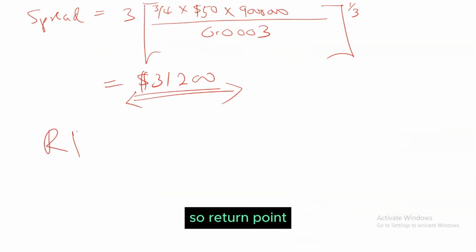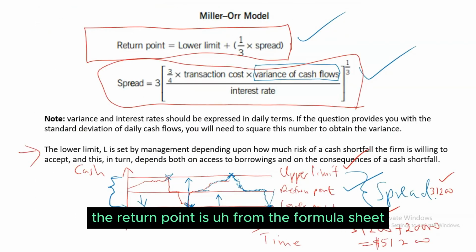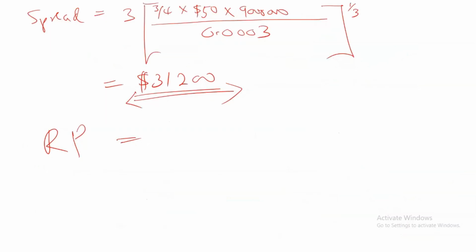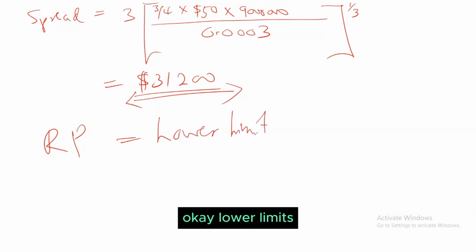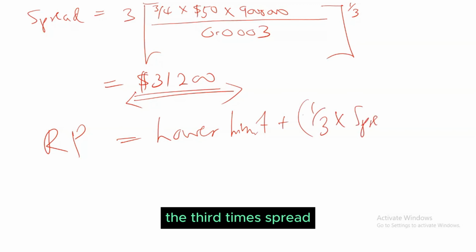So return point, the return point is from the formula sheet, lower limit plus a third times spread. Lower limit, okay, lower limit plus a third times spread.